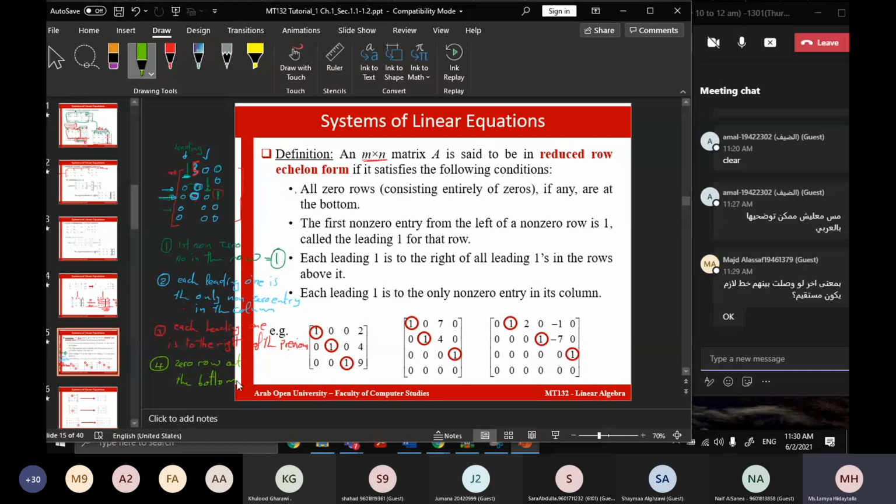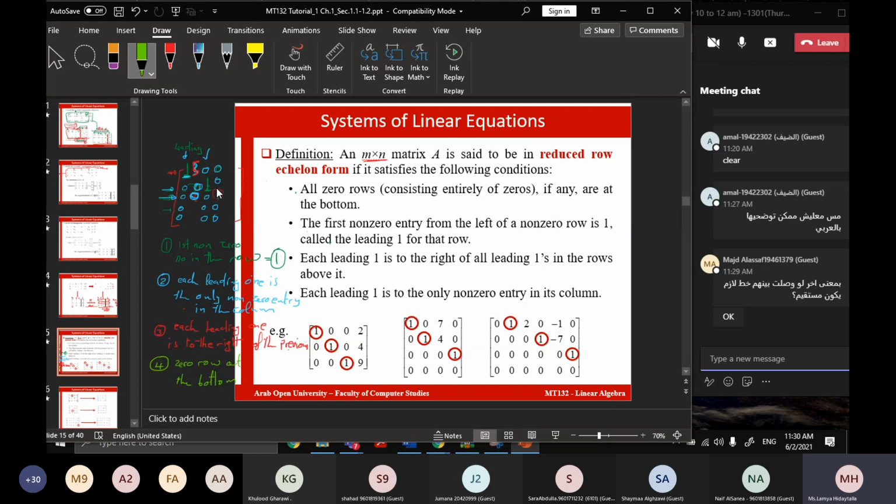So there are 4 things I'm looking for to know whether I reached the echelon form or not. One: the first non-zero entry should be 1. The first non-zero number in any row should be 1, and we call it the leading one.